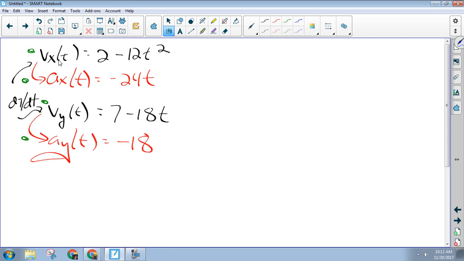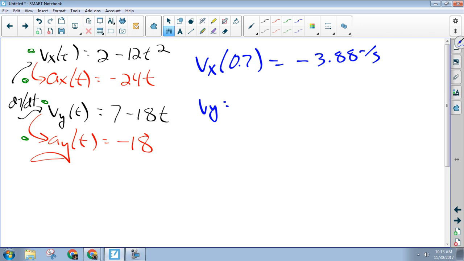Okay, so what we want to do is this. We want to find the Vx as a function of time. So if you plug in 0.7 seconds, what does that Vx give you? Let's figure this out real quick. So 2 minus 12 times 0.49 is negative 3.88 meters a second. And your Vy is 7 minus 18 times 0.7.